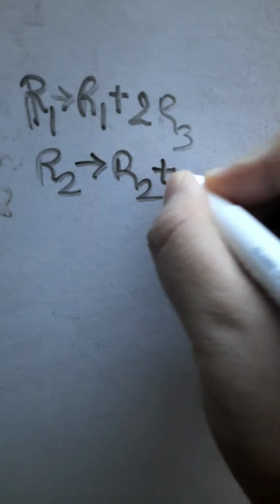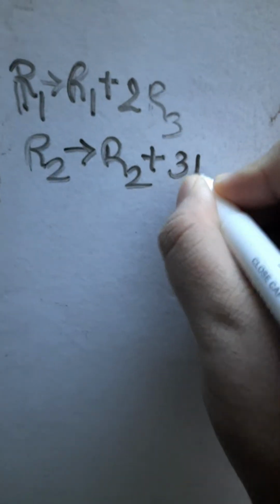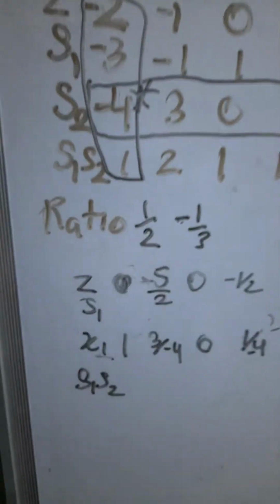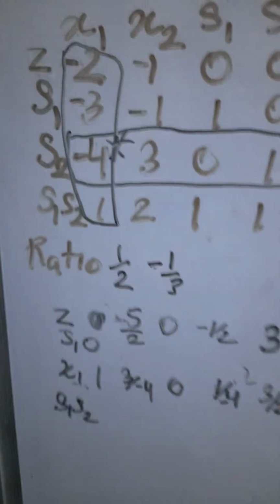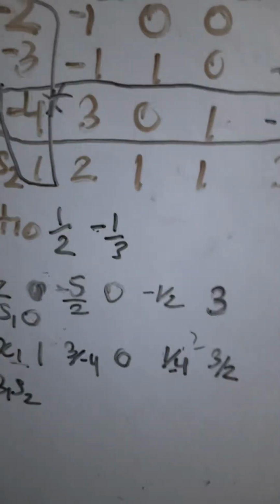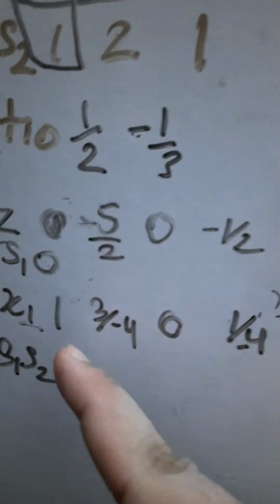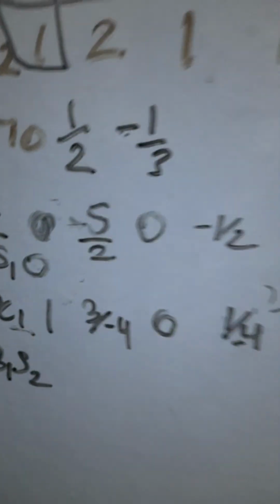R2 is R2 plus 3R3. Okay, R2 would get changed by R3. Obviously this would be 0 because we are trying to make that only. Now 3R3, right? 3 into 3 is 9, minus 9 by 4.